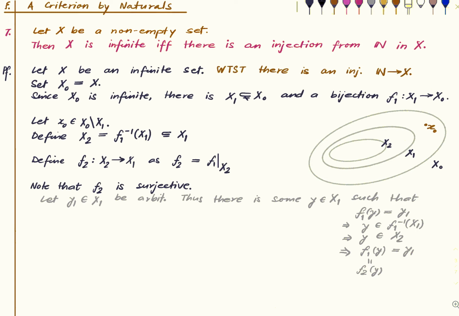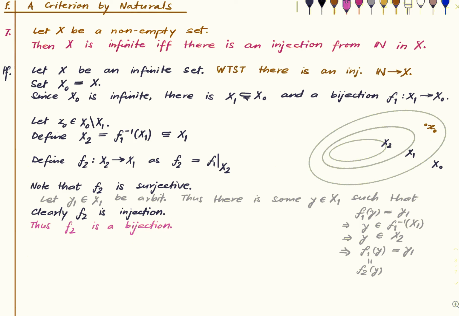Injectivity of F2 is clear because after all F2 is the restriction of an injective map, namely F1. So F2 is also injective, being the restriction of an injective map. And we conclude that F2 is a bijection. Okay, that much we have.